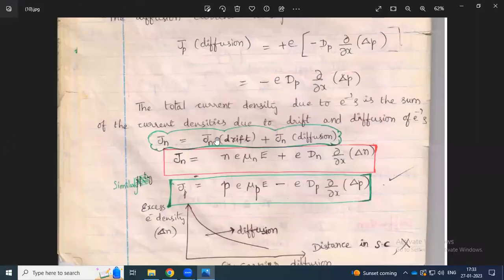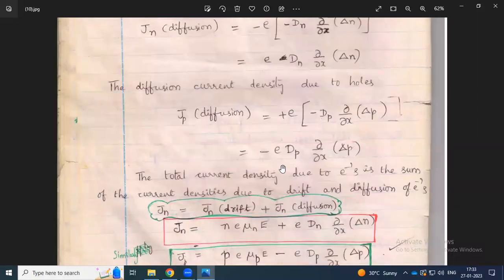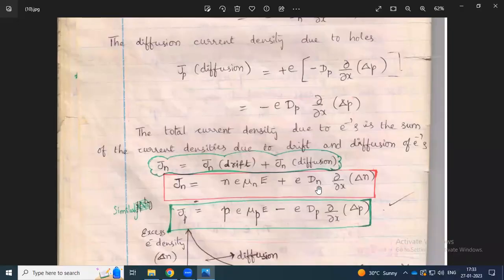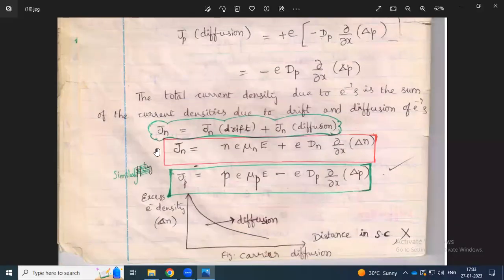So, Jn is equal to Jn drift plus Jn diffusion, which we have derived just now. Jn is equal to n e mu n E for drift, plus for diffusion, e Dn dou by dou x of delta n.